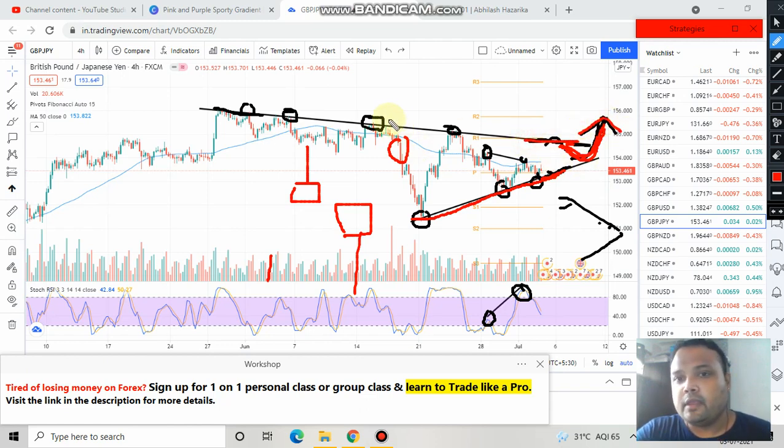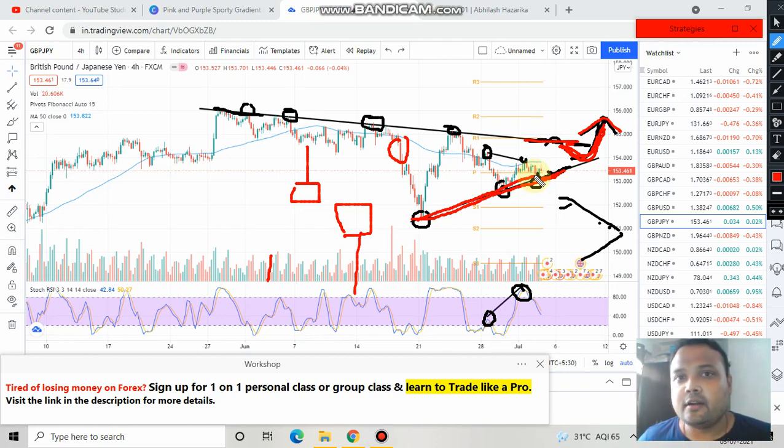If you have not drawn these lines in your charting platform, my request is that please draw these lines, so that it becomes easier for you to trade and easier to understand. You can clearly see that there was divergence, but the market did not follow the divergence, because the market had support here in the form of this trend line. So please draw these trend lines in your charting platform and trade accordingly.